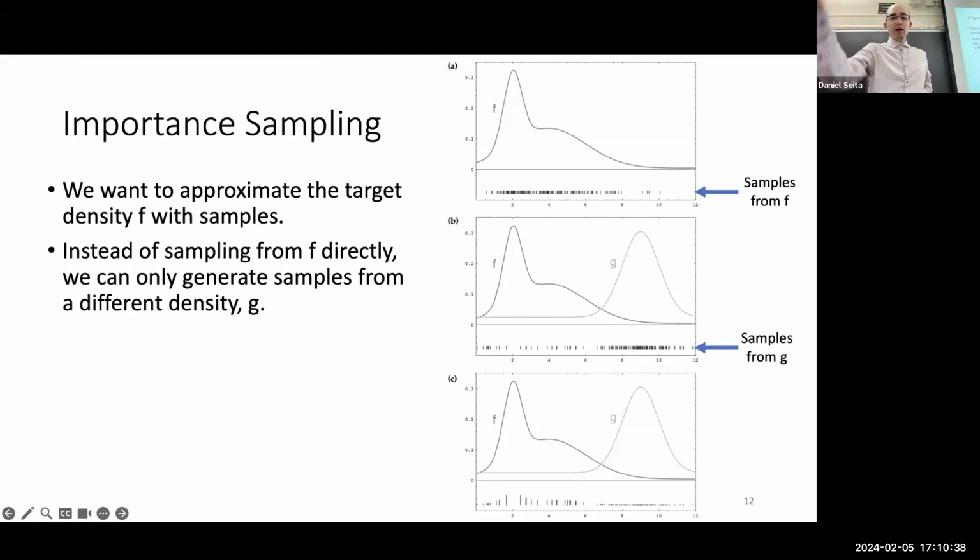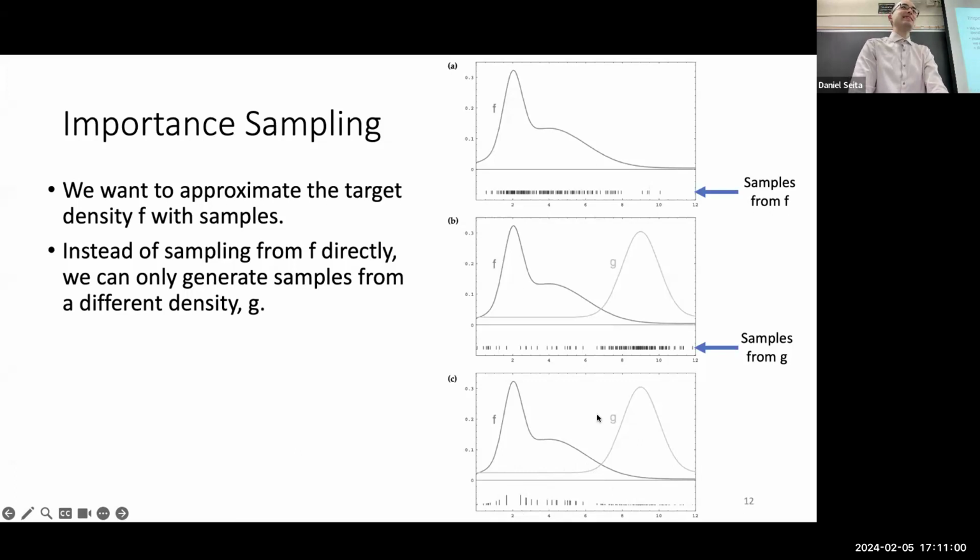So what happens next? If it's easy to sample from g, how do we actually turn those samples from g into samples from f? I mean, if you look here, you can kind of see what's going on, right? Look at the height of these bars.